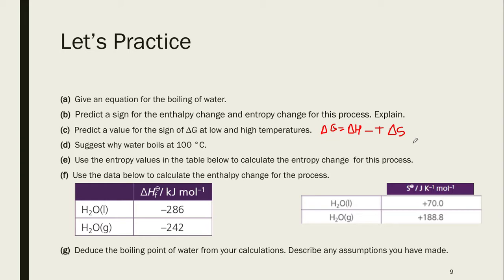Now, when we have really low temperatures, let's say 0, if T is equal to 0, then this term is going to go away. If T is equal to 0 or really, really low, this value is going to be so small compared to delta H that it's not going to be significant. So at low temperatures, delta G is equal to delta H, and that means it's going to be positive.